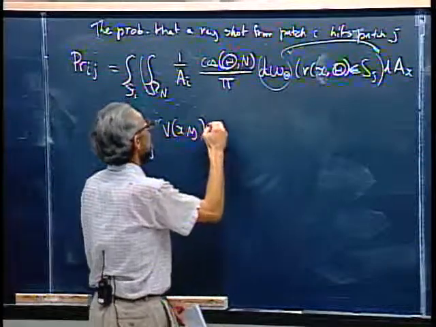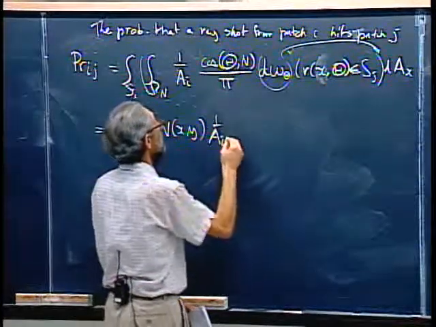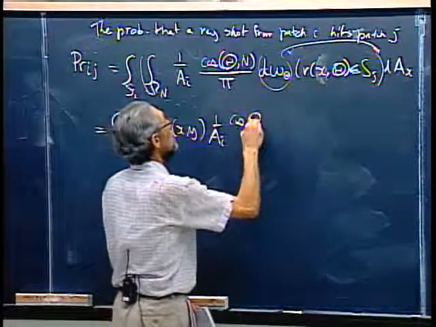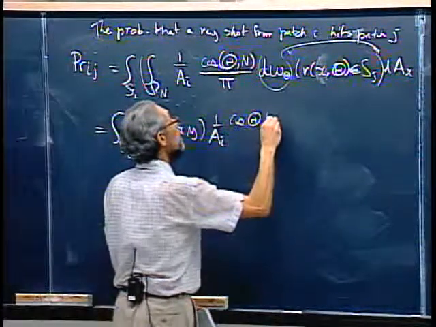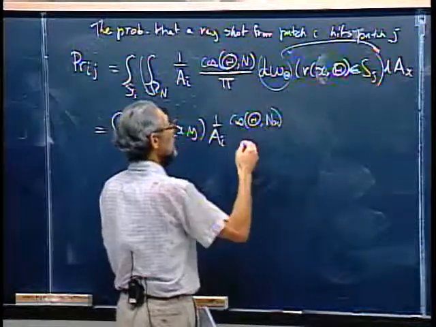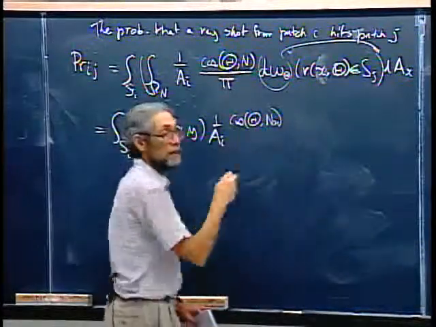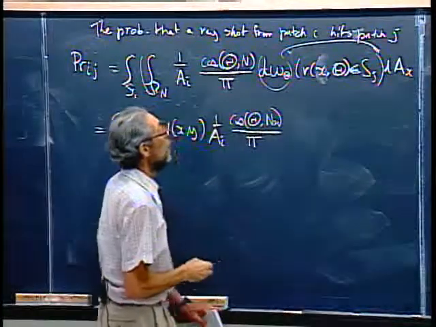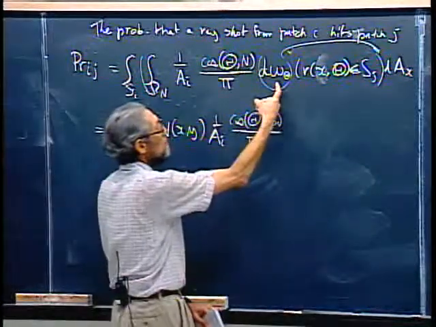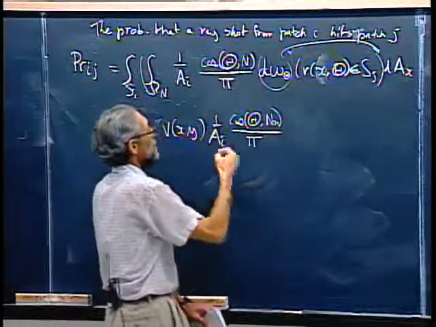Now we have 1 over Ai. We have cosine theta n. Really, this is n over at x. X is on the surface. I'm assuming that it's a flat surface. Over pi. And now we have to have this d omega. We've already taken care of this factor here.